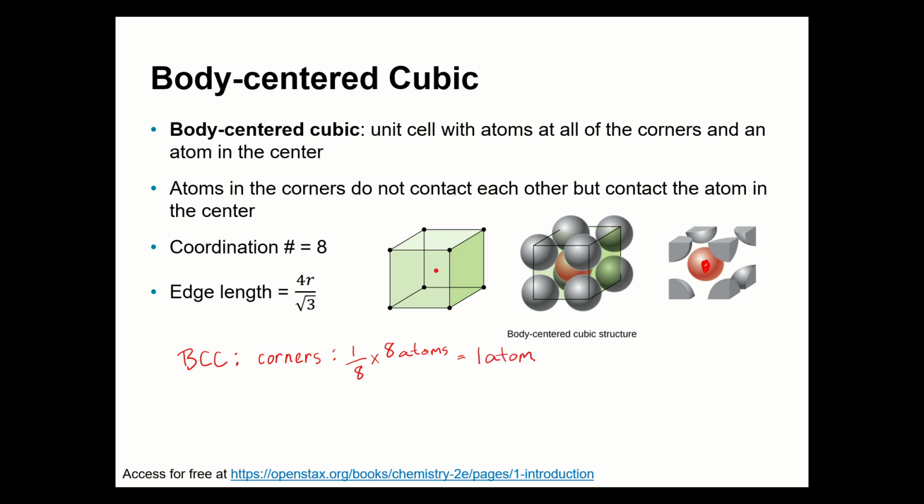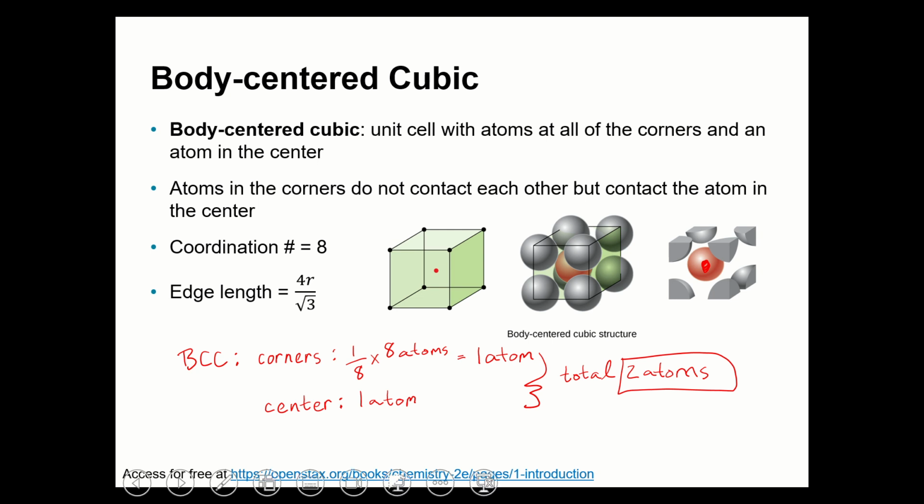But now we also have in the center, we have an atom that is fully located in that unit. And so we've got 1 atom there as well. And if we total these up, you get a total of 2 atoms. So if we were to check the mass of a body-centered cubic, we should find that there are a total of 2 atoms in that cell.